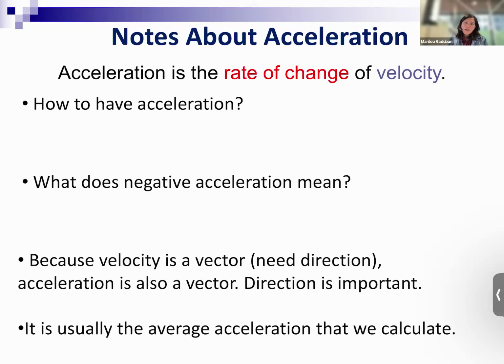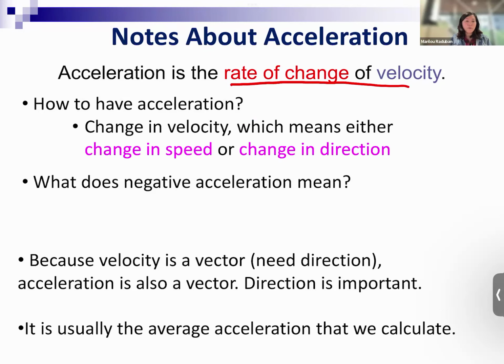So if acceleration is how fast velocity changes, or the rate of change of velocity, how do we have acceleration? It's simple. If the velocity changes, then you have acceleration. A change in velocity means either a change in speed or a change in direction.